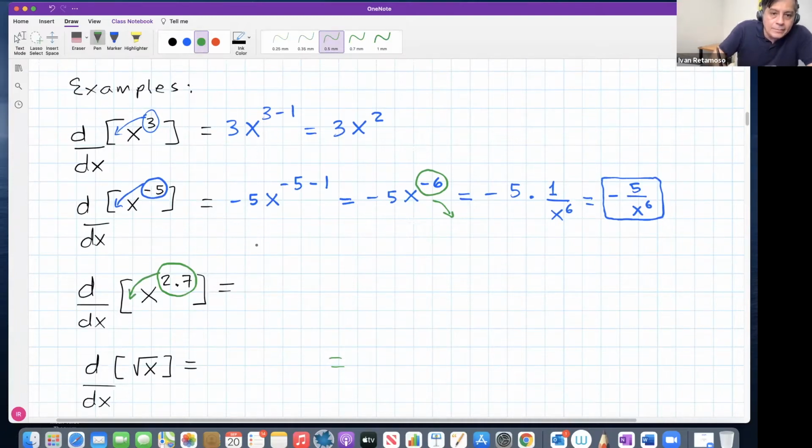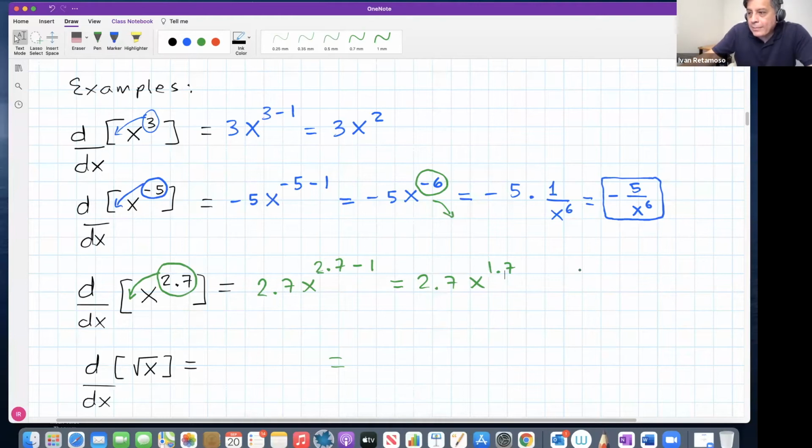Bring it down, 2.7, times x raised to 2.7 minus 1. And that, when simplified, is just equal to 2.7 x raised to 1.7. And that's it. Very good. That's the answer.